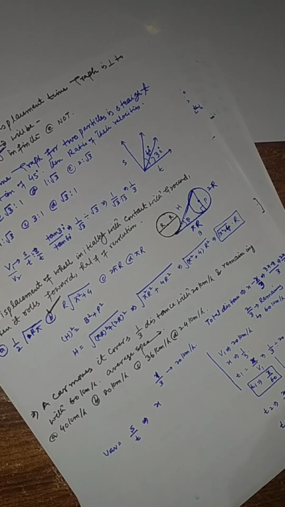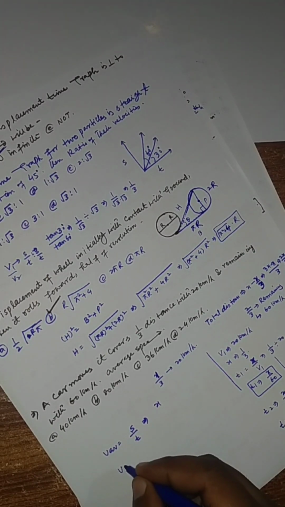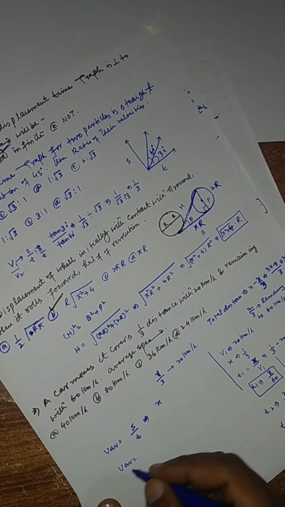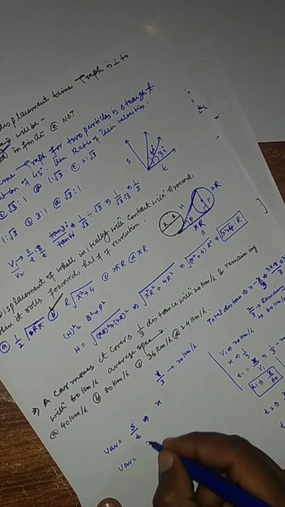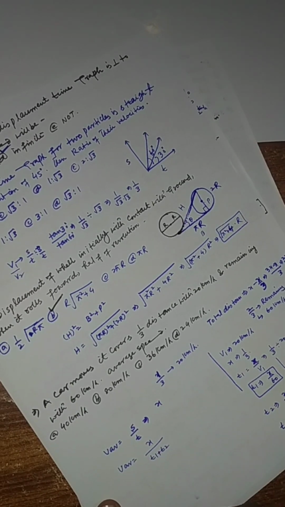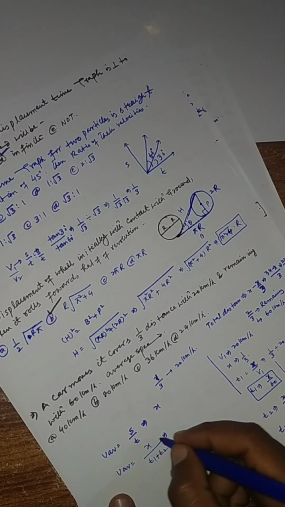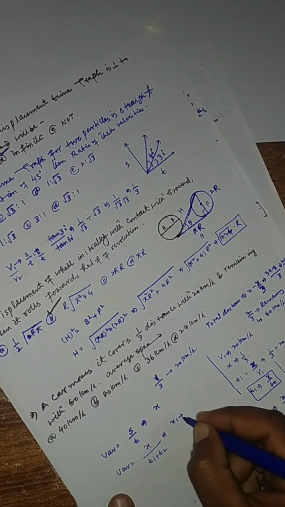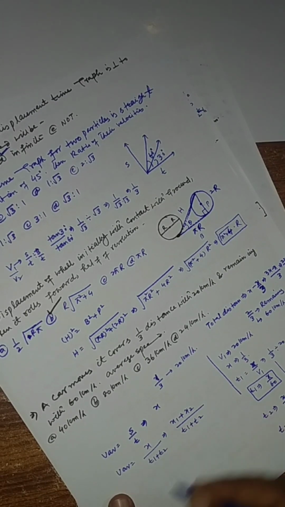Okay, because this is x, if we place it, the average speed is x over t1 plus t2, the total distance. Okay, and the total distance we have calculated, and the time, the total distance is x1 plus x2 over t1 plus t2.